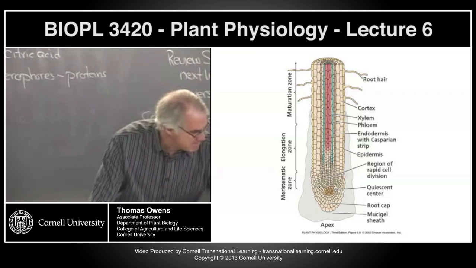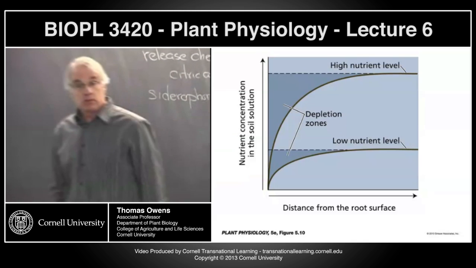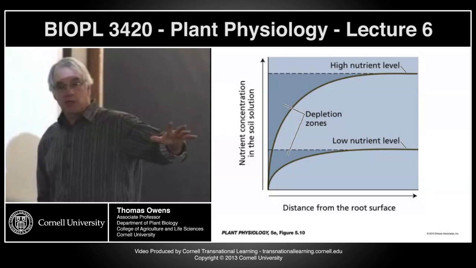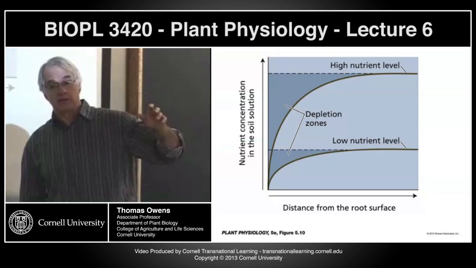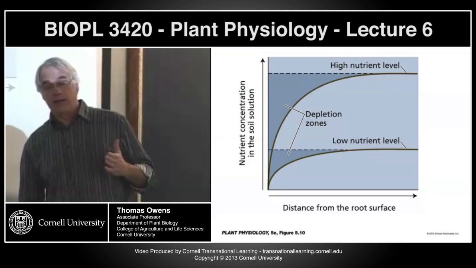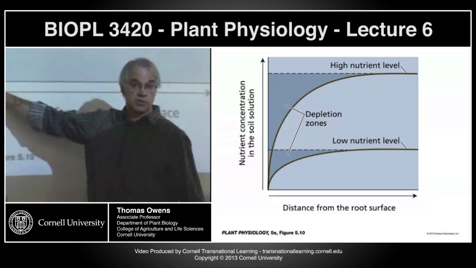Okay. So one of the things we need to think about, and we can go back to our discussion of diffusion, is if the roots themselves are taking up ions from the solution. So here's distance from the root surface, and here's the root surface right here.